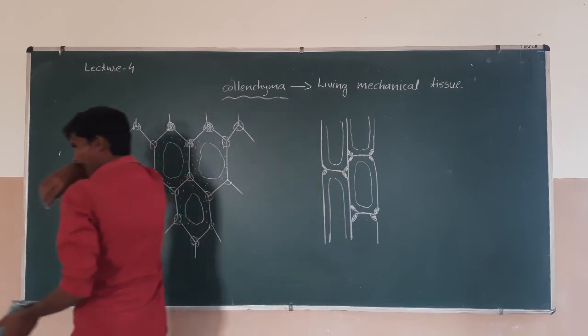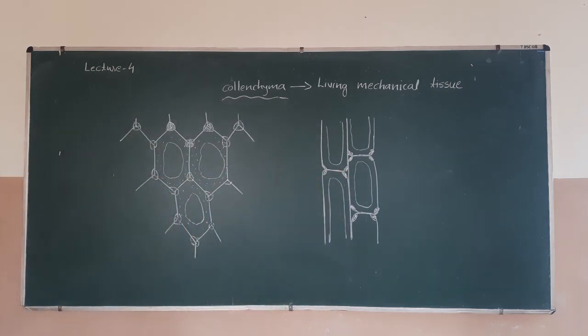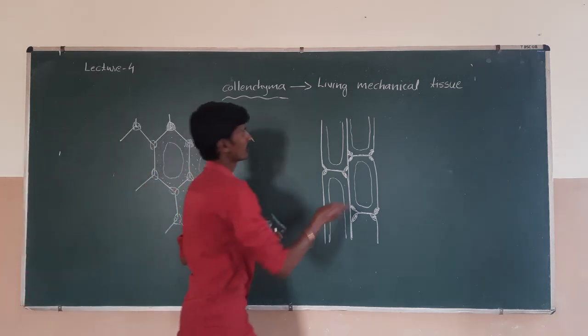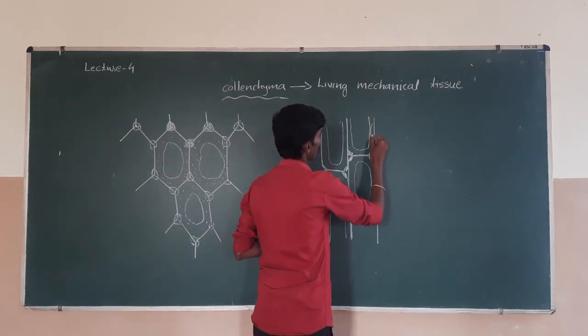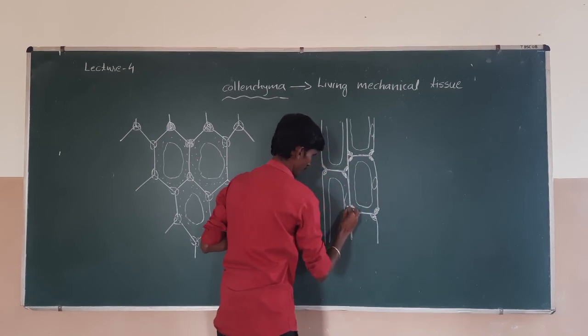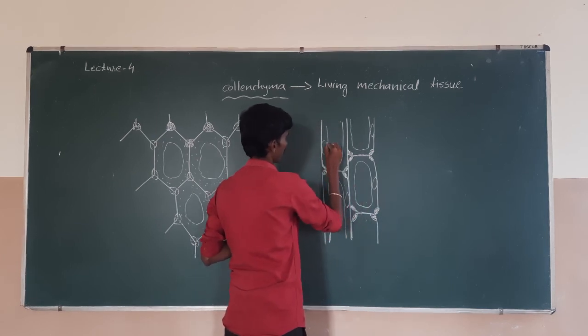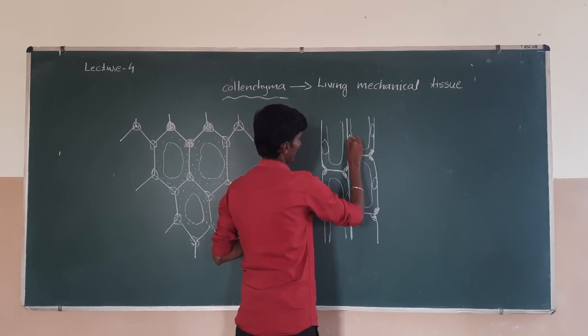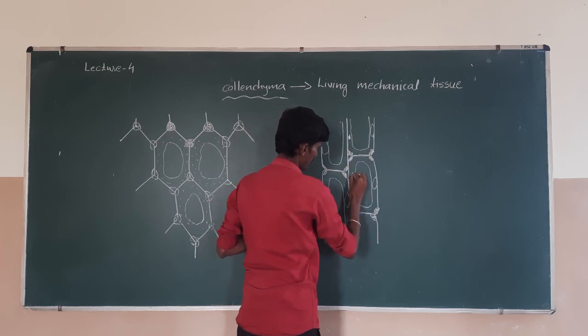It also has a nucleus. This is the nucleus. And the dot-like structure is called the chloroplast.